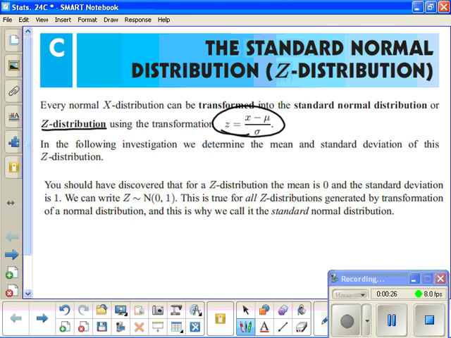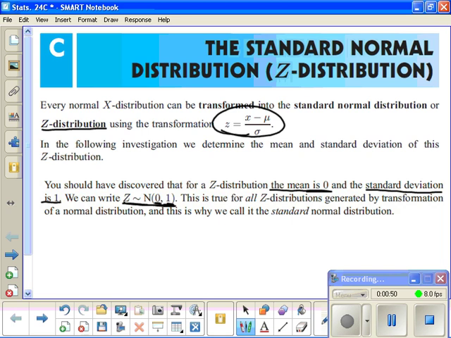What that does is it transforms every normal distribution into a normal distribution where the mean is 0 and the standard deviation is 1. A z distribution has a mean of 0 and a standard deviation of 1. So it converts it to that so that everything is the same.